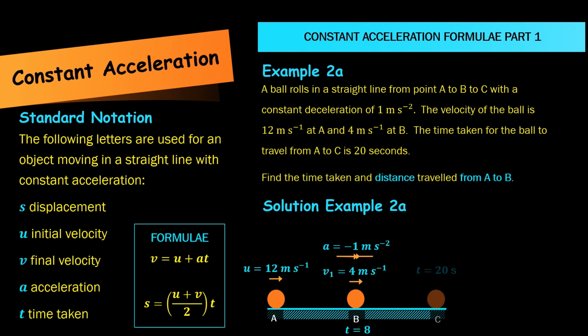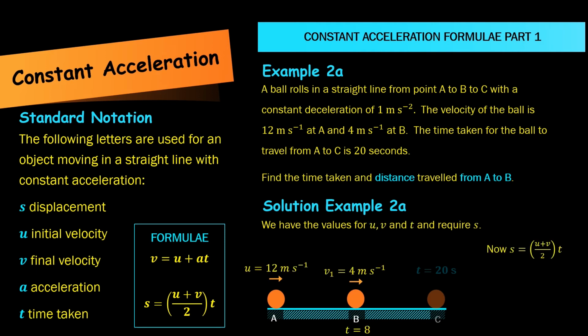Now let's find the distance travelled from A to B. We have the values for u, v and t and require s. So we're going to use this formula, s equals u plus v all over 2 times t.